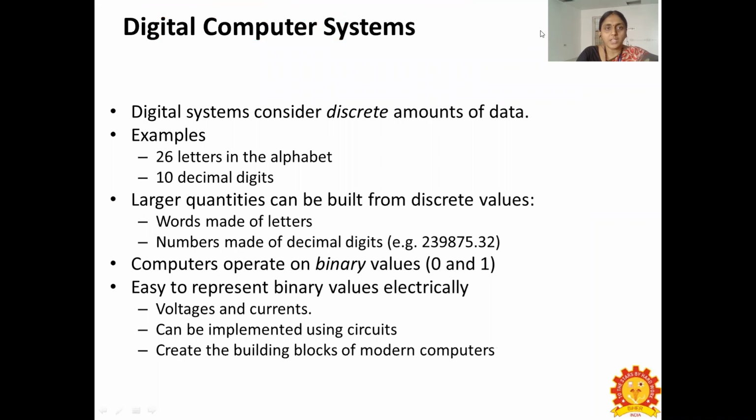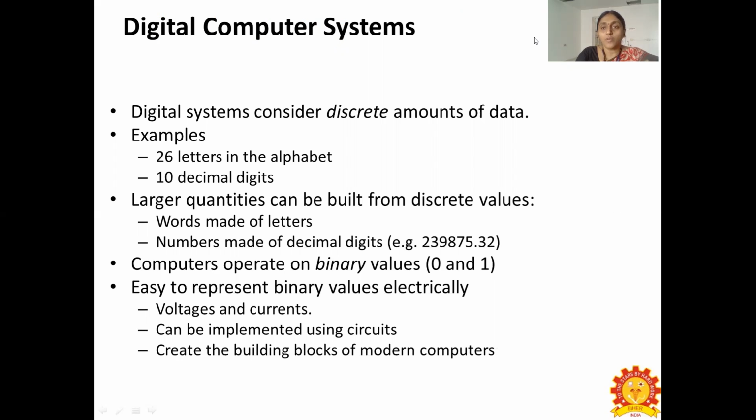So first we will see about digital computer systems. Digital systems consider discrete amounts of data. For example, in alphabets, we have 26 letters and basic decimal digits are 10 digits from 0 to 9. And large quantities can be built from discrete values, like we can make words out of letters and numbers made of decimal digits.